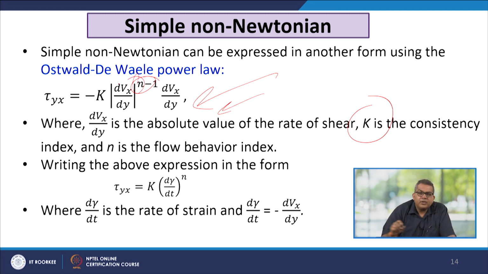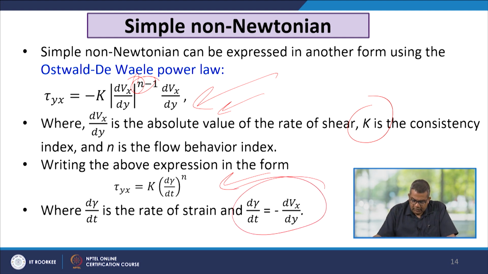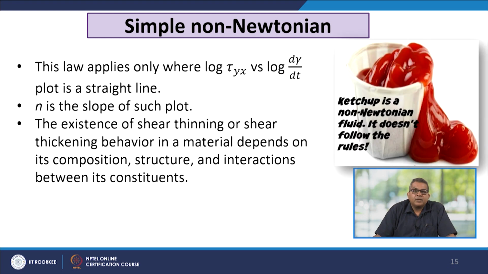So, we can write the above expression in the form tau yx is equal to k times dy over dt to the power n, where dy over dt is the rate of strain, and dy over dt is equal to minus dvx over dy.